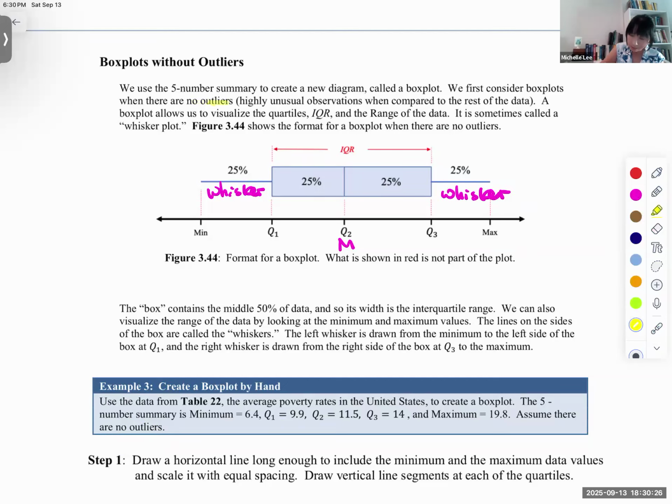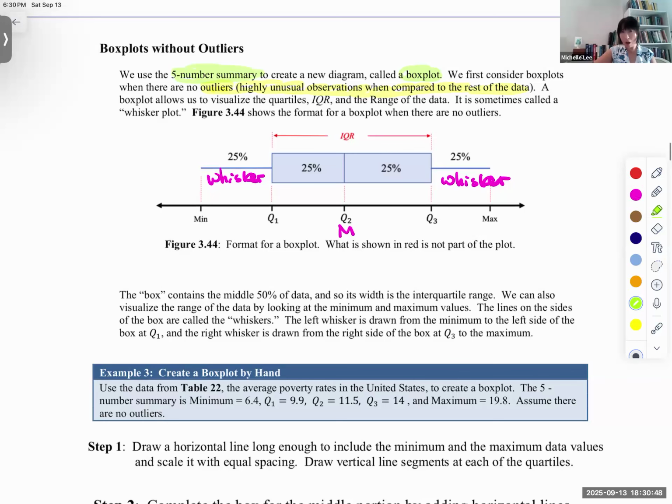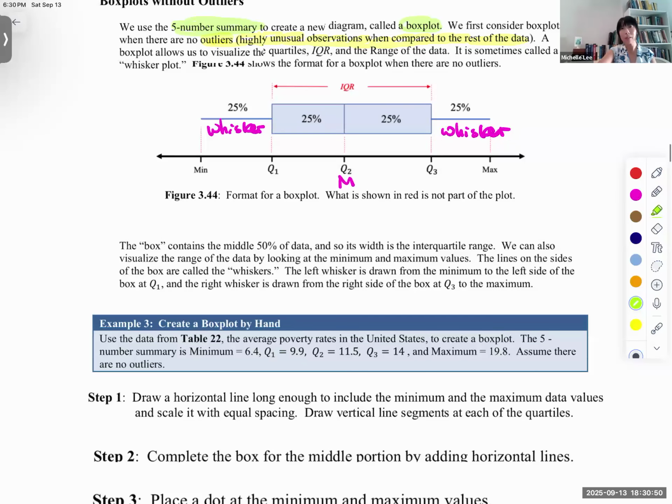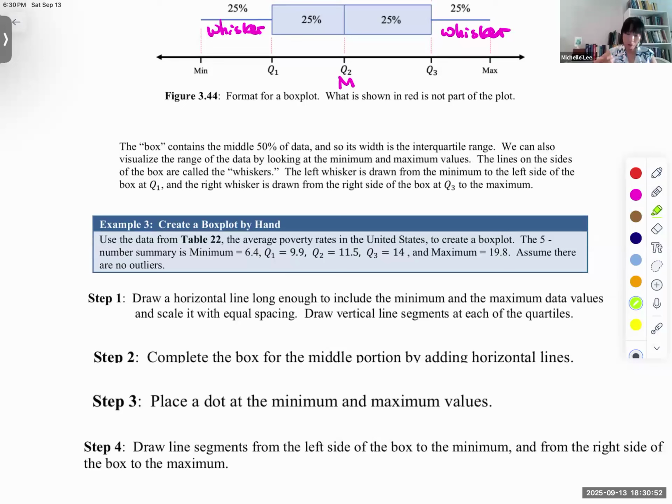Let me highlight. Box plot. Okay. We have a strategy for how to draw a box plot here. Step one, draw a horizontal line long enough to include the minimum and maximum.